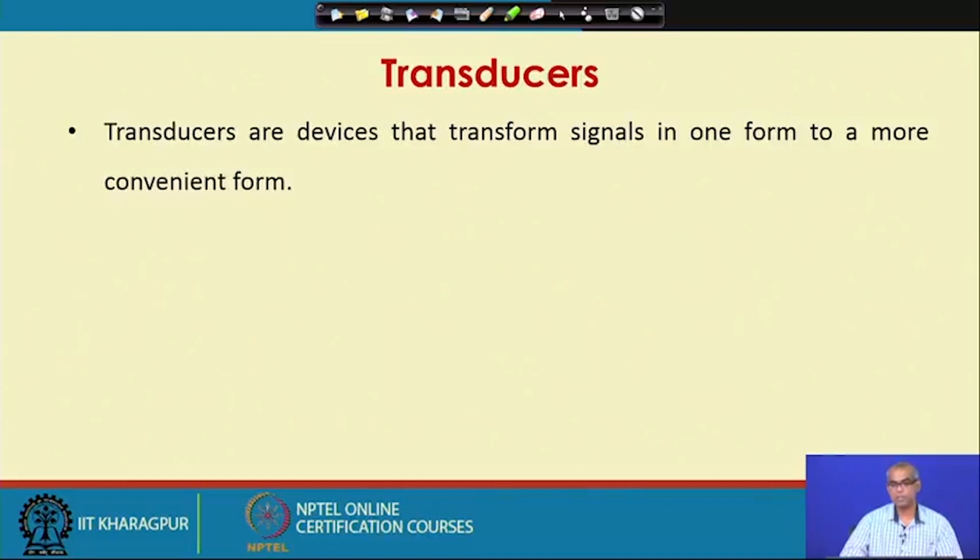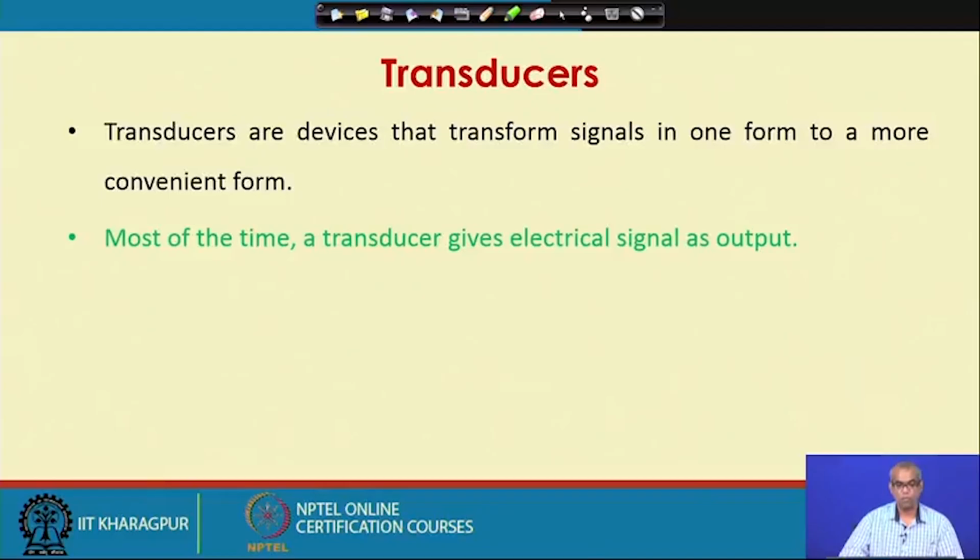So, transducers are devices that transform signals in one form to a more convenient form. Most of the time a transducer gives an electrical signal as output, but remember, it is not necessary that the output from the transducer element has to be an electrical signal. Most of the time we get an electrical signal from the transducer because electrical signals are more convenient to handle.